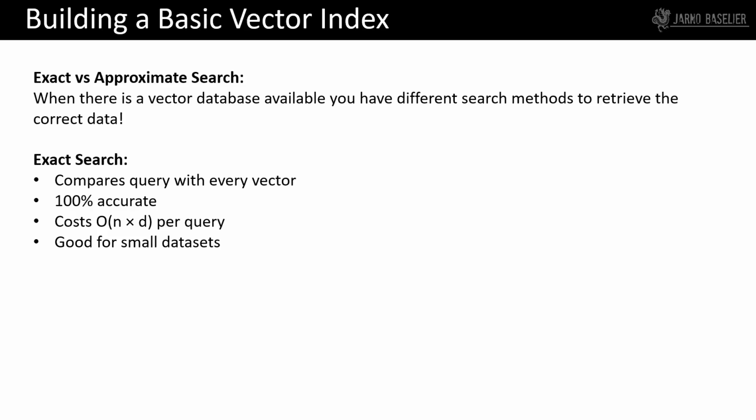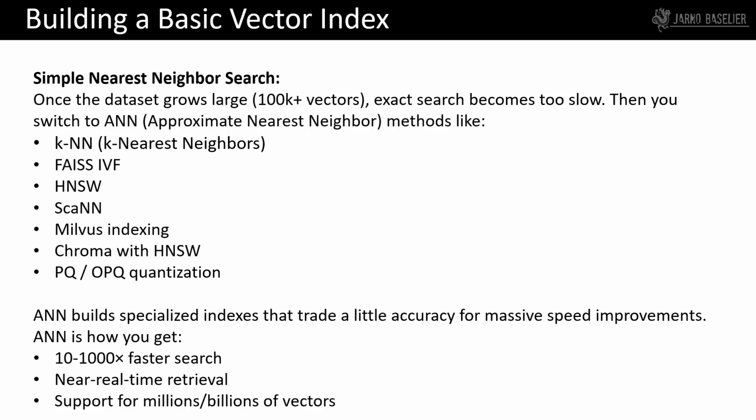Exact versus approximate search. Where there is a vector database available, you'll have different search methods to retrieve the correct data. We have exact search, which compares the query with every vector, which is 100% accurate, but has a specific cost per query, and it is good for small datasets. It is the simplest nearest neighbor search.